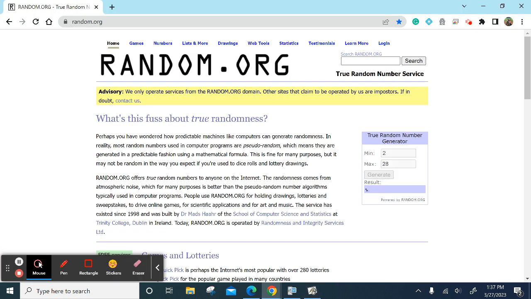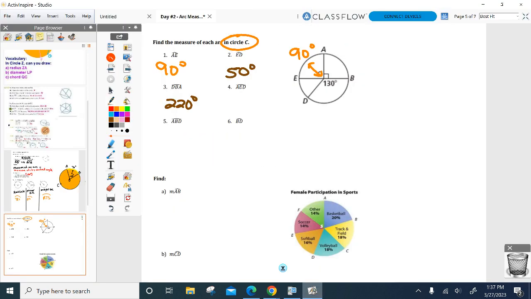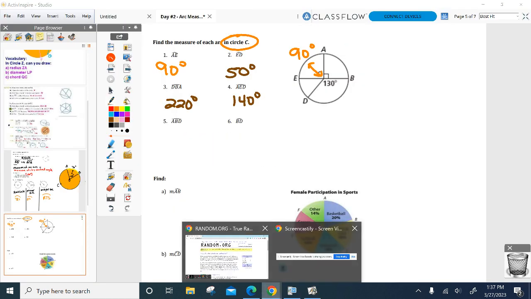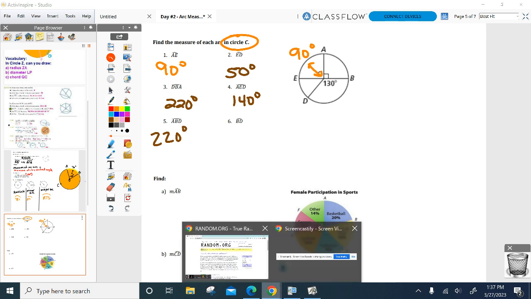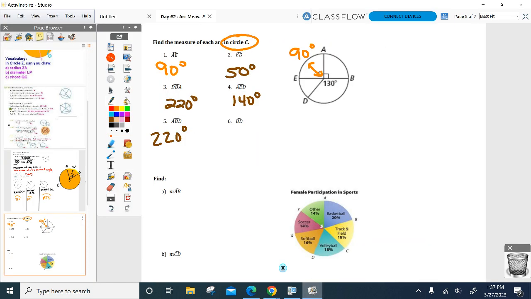We're rolling. 140. ABD. I don't know if anybody noticed this one. 220. Oh, it's just number 3 renamed backwards. Oh, I wish I saw that. How about arc BD? 130. All right, everyone's good to go. Arc is equal to its central angle.